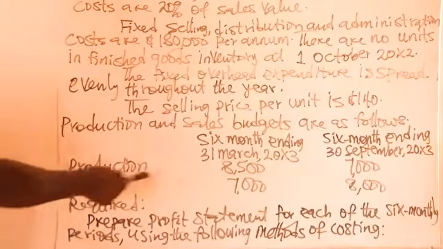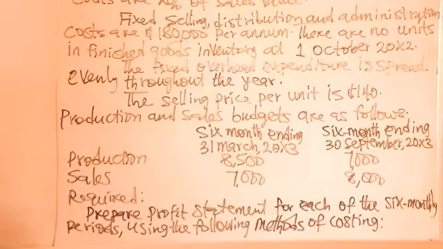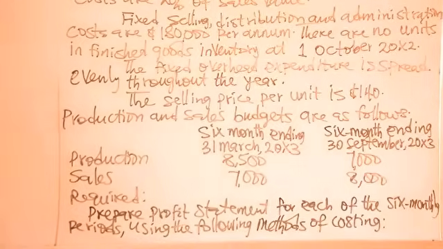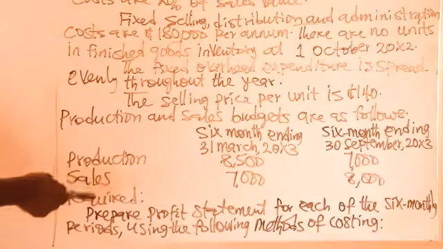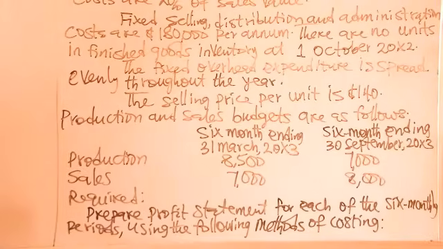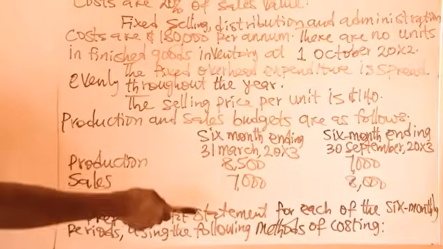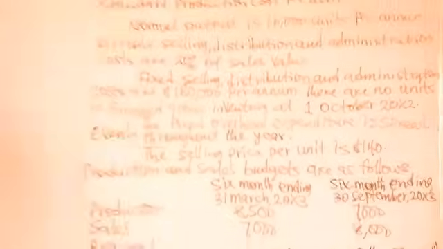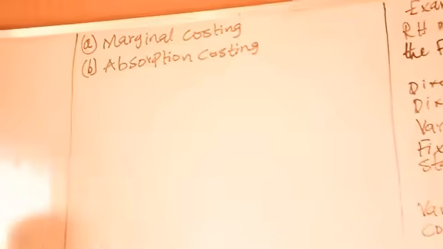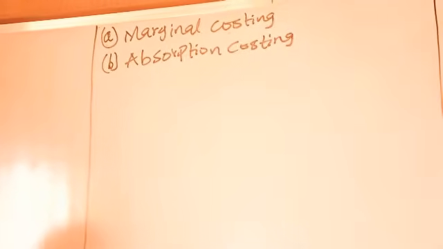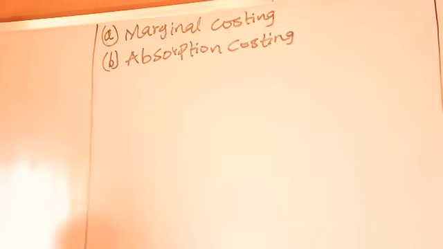Production is 8,500 and 7,000 respectively. Sales are 7,000 and 8,000. Prepare a profit statement for each of the 6 month periods using the following methods of costing. A. Marginal costing. B. Absorption costing. So that is the question.